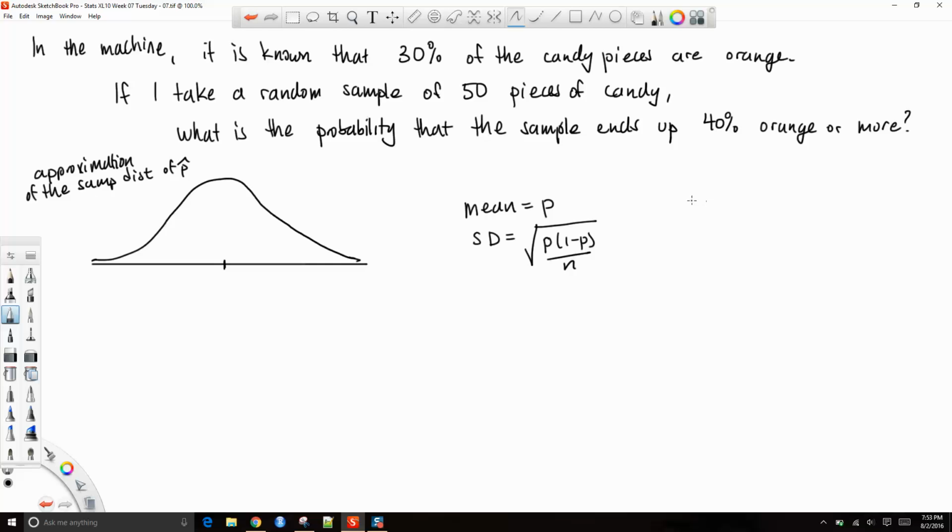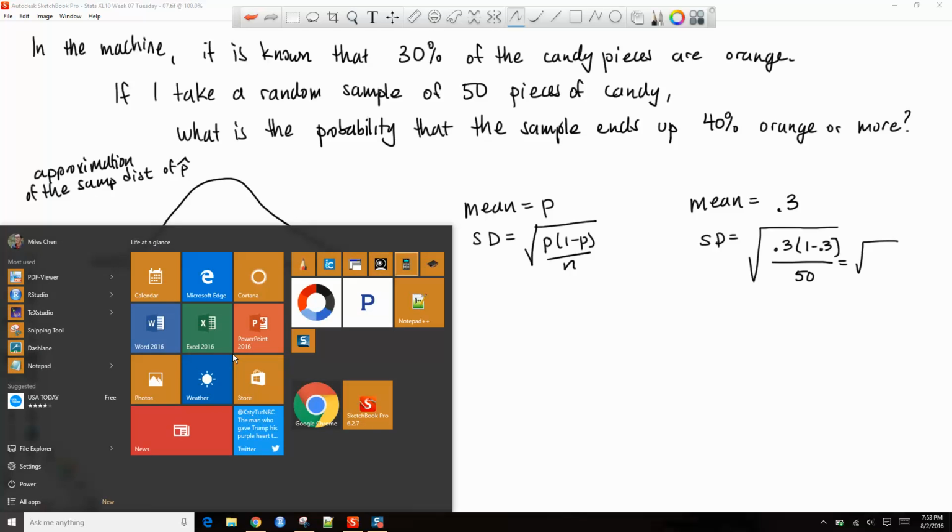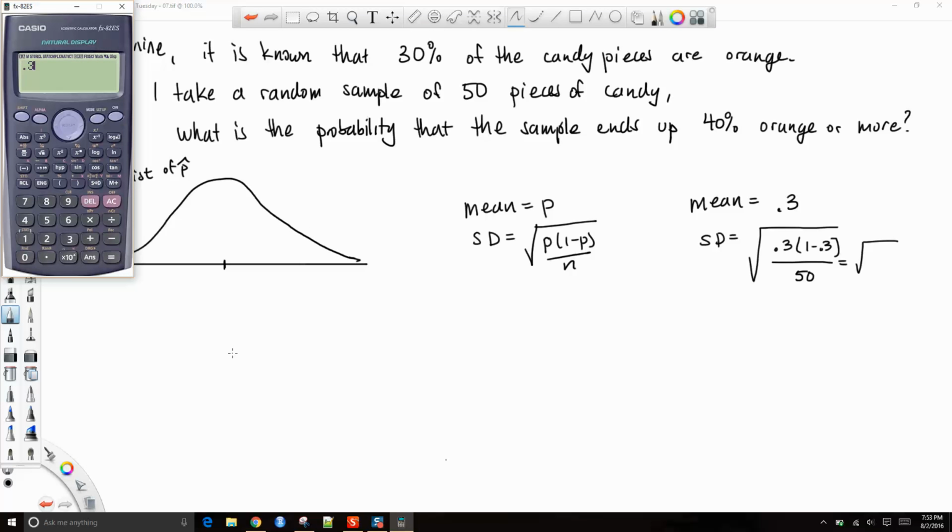So that means our mean is going to be what? It's 0.3, right? Our population proportion is 0.3, and this also means our standard deviation is going to be the square root of 0.3 times 1 minus 0.3, which is 0.7, divided by 50.